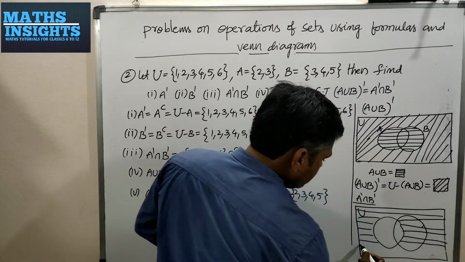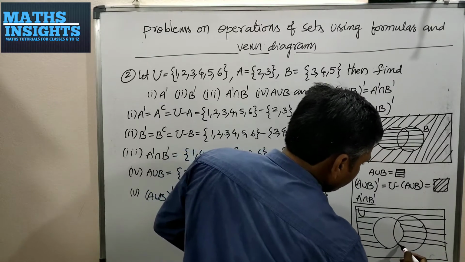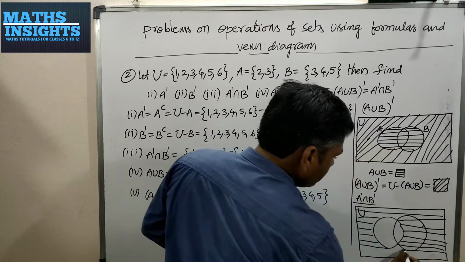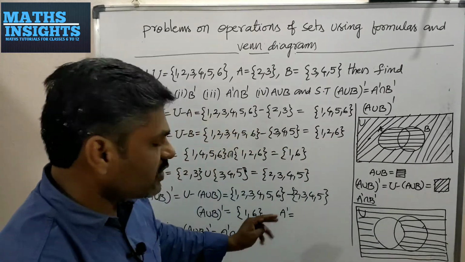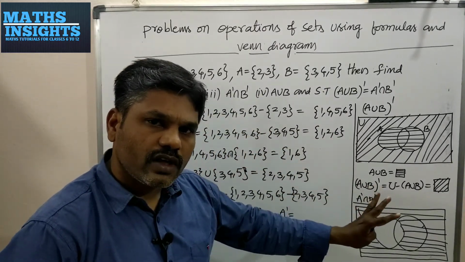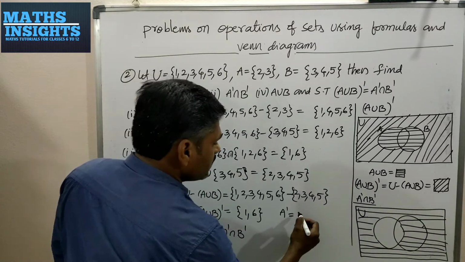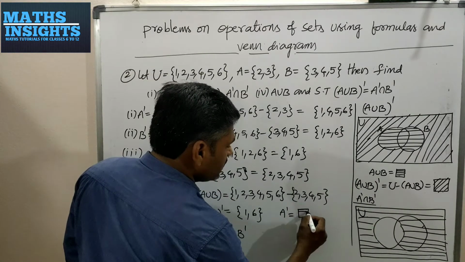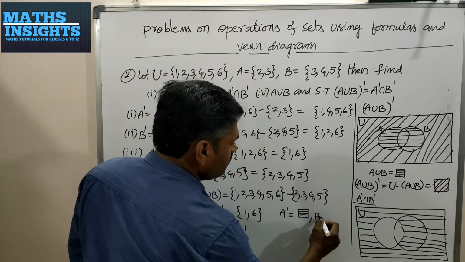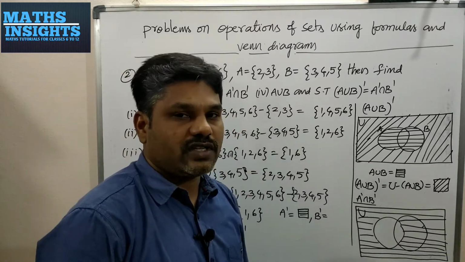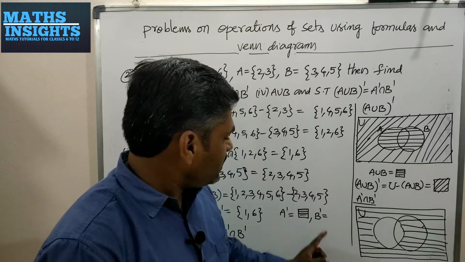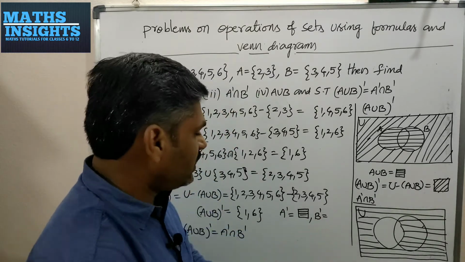Okay, this is very simple, nothing to confuse here. So this is the area which is representing A dash, means we are removing A. That is, A dash is represented with horizontal lines, and B dash means you have to remove B from the universal set. So represent that area with vertical lines.